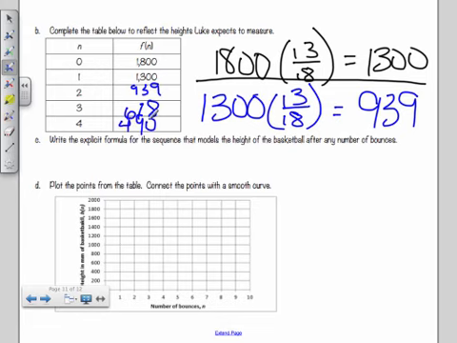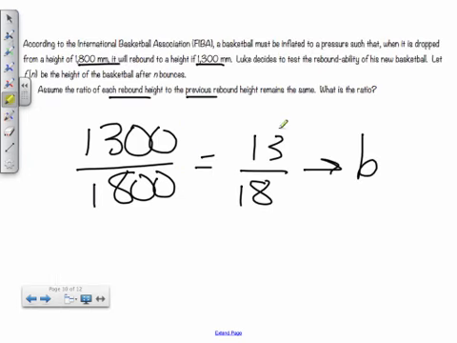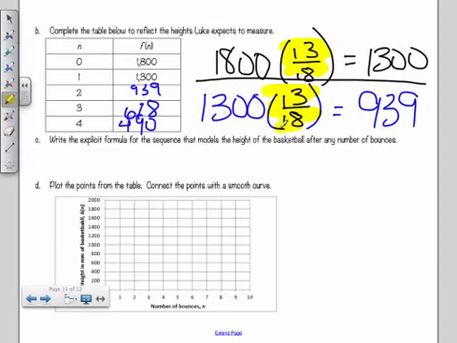So question C says, write the explicit formula for the sequence that models the height of the basketball after any number of bounces. Remember, you're repeatedly multiplying by 13 over 18. This value is what we said is your B value, your growth value, and think about what your initial value is. Try to write it out yourself, and then compare with my answer.